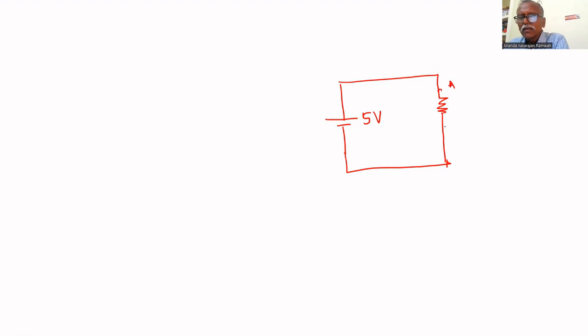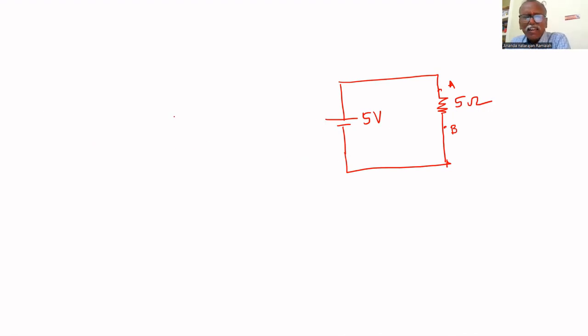Another example for an electric circuit is here. Let us consider one electric circuit. The potential difference developed by this battery is 5 volt across the two ends of the resistance AB. The resistance is 5 ohm.